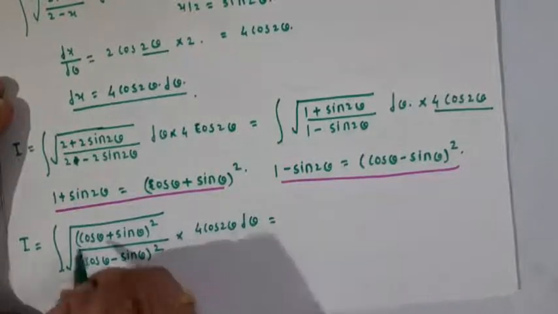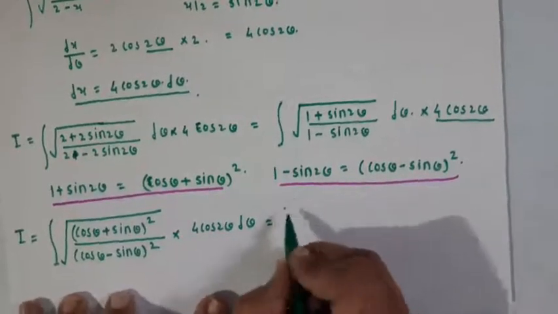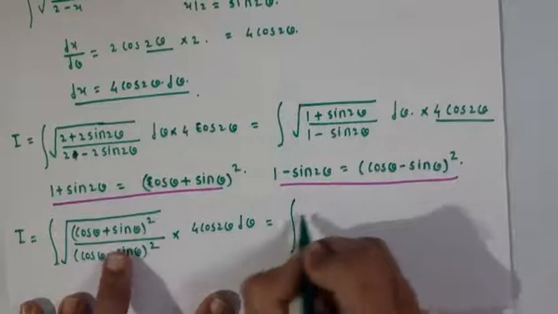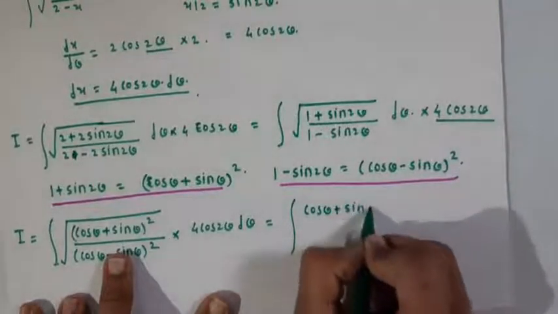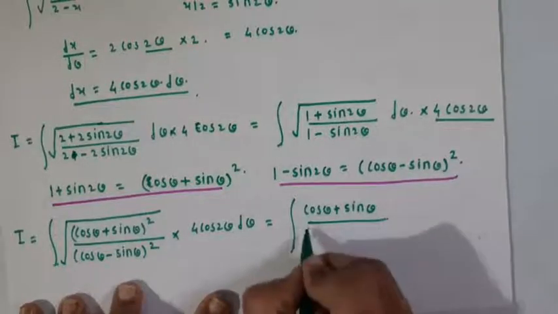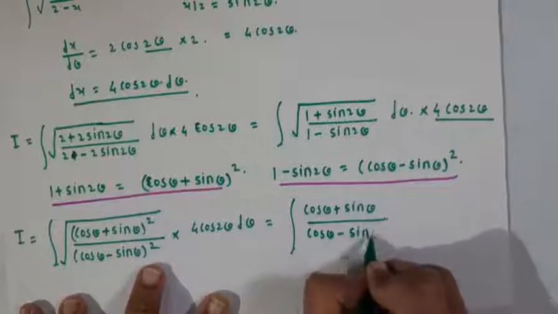So the square root of the square term gets cancelled, and now we have the integration of cos of theta plus sin of theta upon cos of theta minus sin of theta.